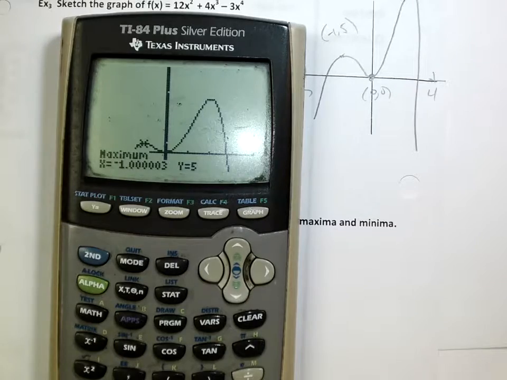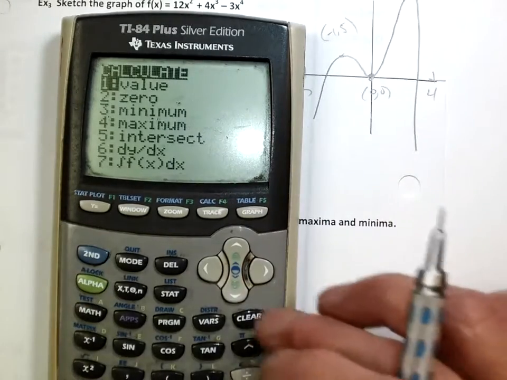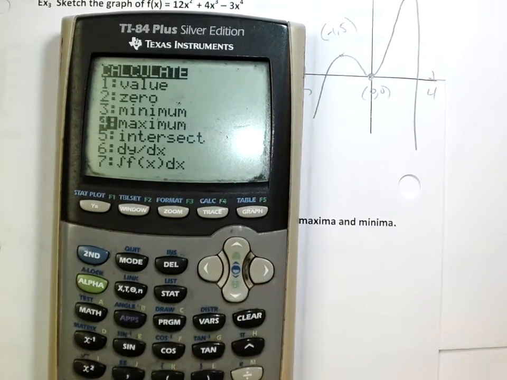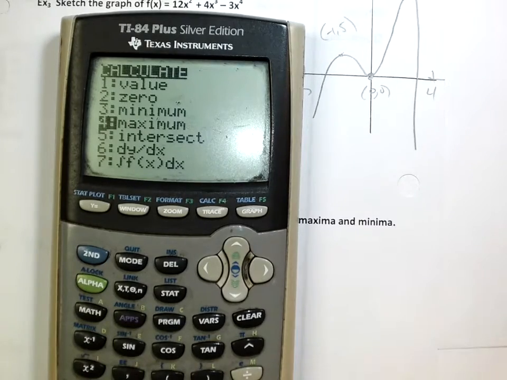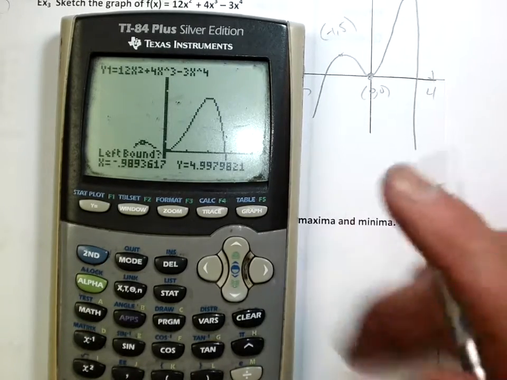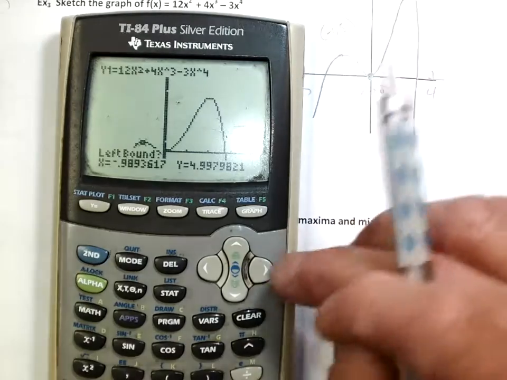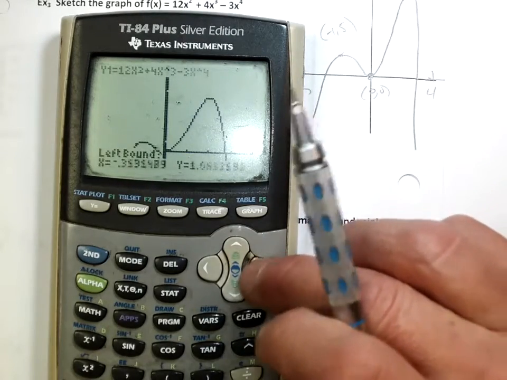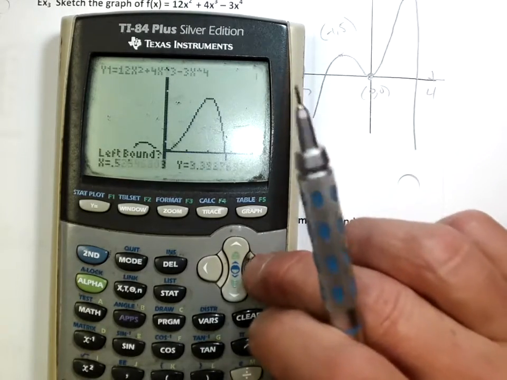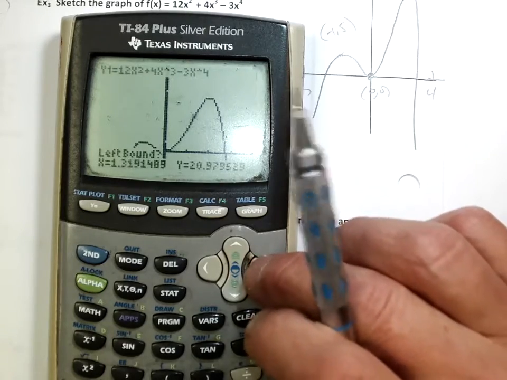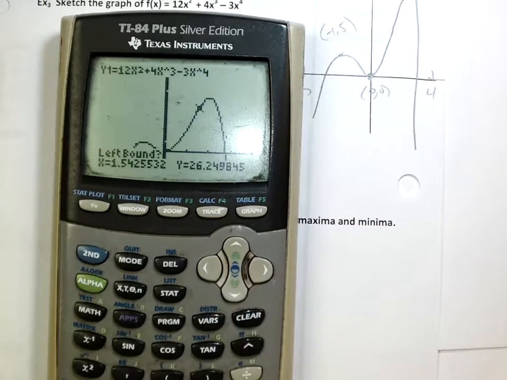Second, calc. Maximum, right? Enter. Okay, I want the big hill now. Take it over, all the way over. We want a left-hand bound, so I just have to be on the left-hand side of my hill. It's blinking. I push enter, locks it in.